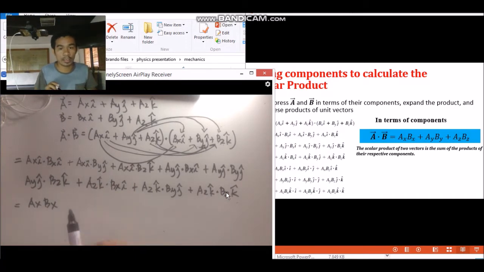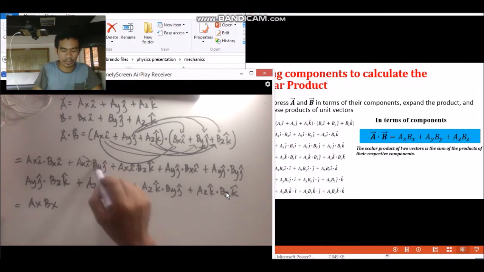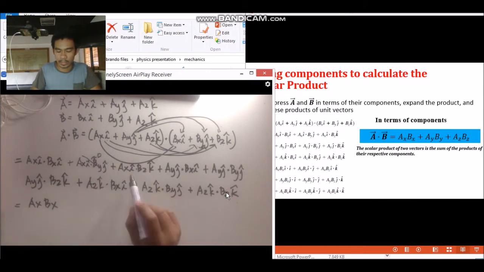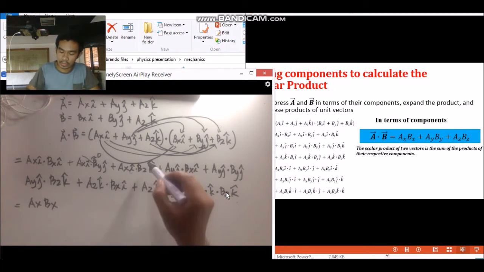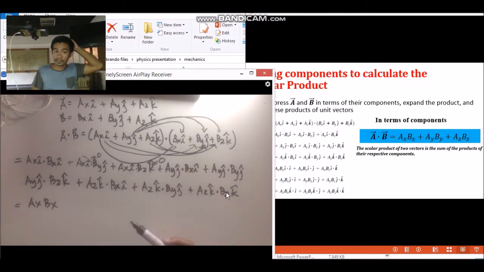The unit vector i and the unit vector j are perpendicular to each other. Then the scalar dot product of these two unit vectors is 0 times ax by, so this is equal to 0. How about ax i hat dot bz k hat? i hat is perpendicular to k hat, so the dot product of i hat and k hat is 0, so this is equal to 0.